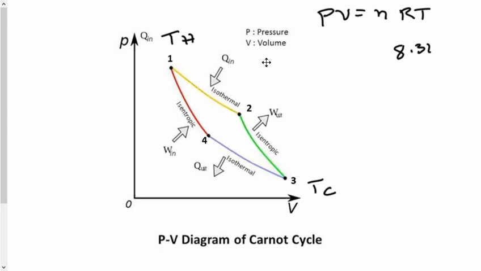We know that delta U, the change in internal energy, has to equal heat flow Q plus work done. And change in internal energy only depends on temperature change. So if temperature does not change, then 0 is our change in internal energy.